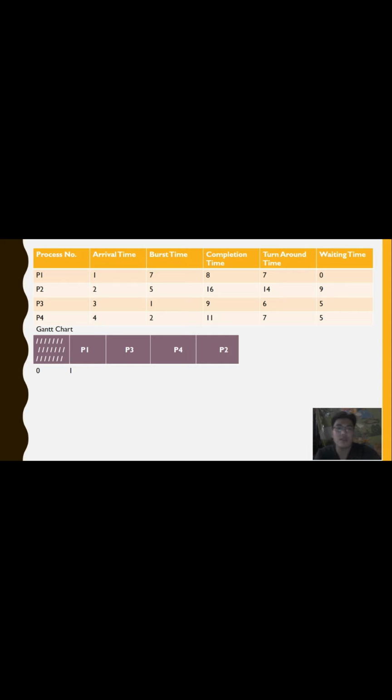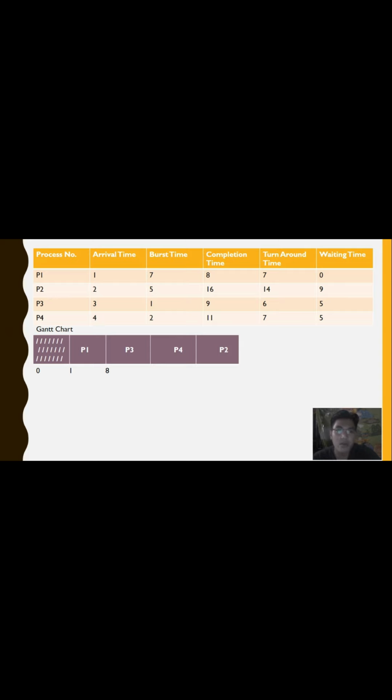So again, the question here is how much time does P1 require to penetrate the system? So the answer here is 8, because we add the arrival time and the burst time of P1. That's why it's 8.